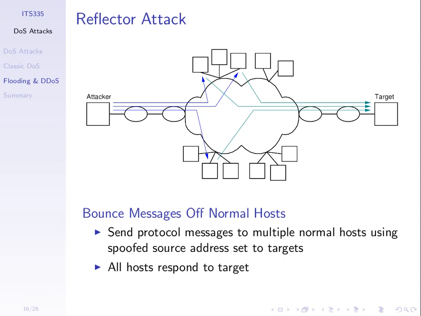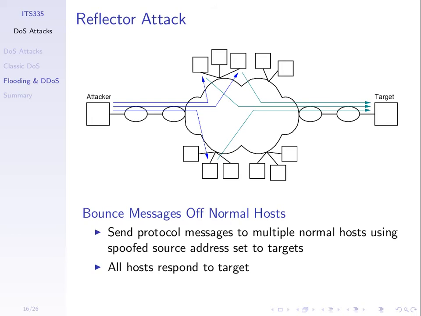But we'll move to a more powerful attack in that we send the message to normal computers on the internet, just some other random computers on the internet, with a fake source address where the source is that of the target. So we send a ping echo request to this computer, this one receives it, and looks, okay, I just received a message and the source address was the target IP address, therefore I will send a reply to the source, so I'll send a reply to the target.